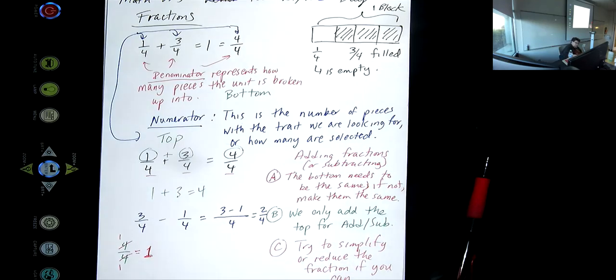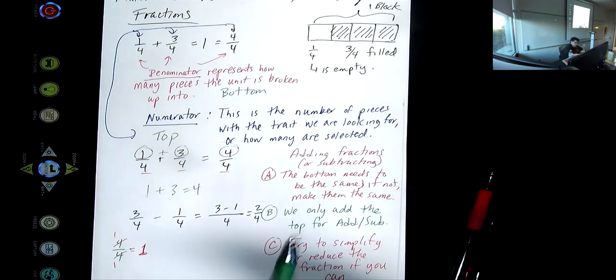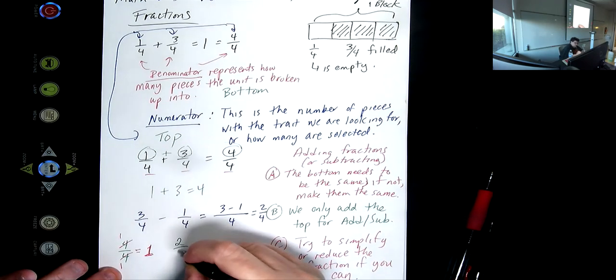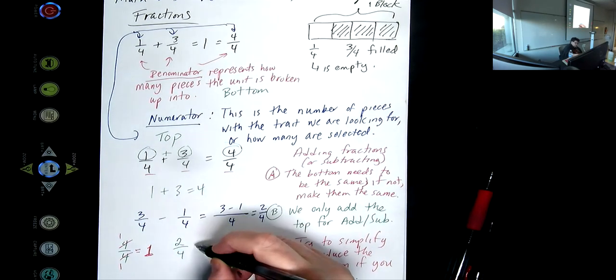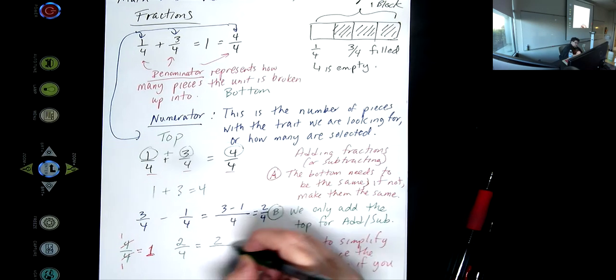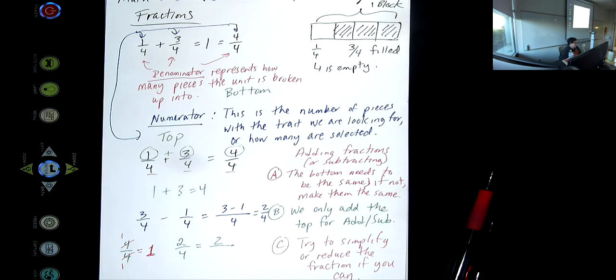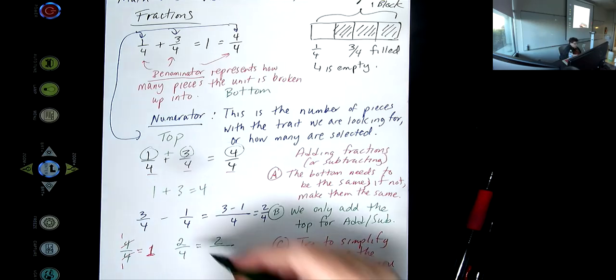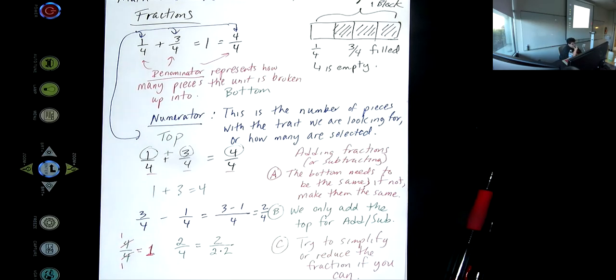When they're not the same, it's helpful to write them like a prime factorization. Write them as the numbers that multiply to make them. What 2 numbers multiply to make 4? 2 and 2, right? And so in this case, I've got a 2 on top and a 2 on bottom.